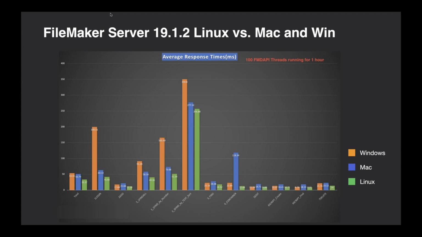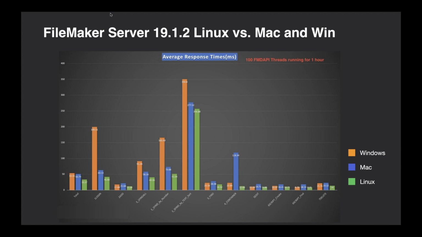Now, our data indicates that our Linux server is faster in most categories, with the exception of scan forward and scan reverse, and sort forward and sort reverse, which are a bit slower, but we're already working to address this. Because of our quarterly release cadence, you're going to see more improvements all along the way.